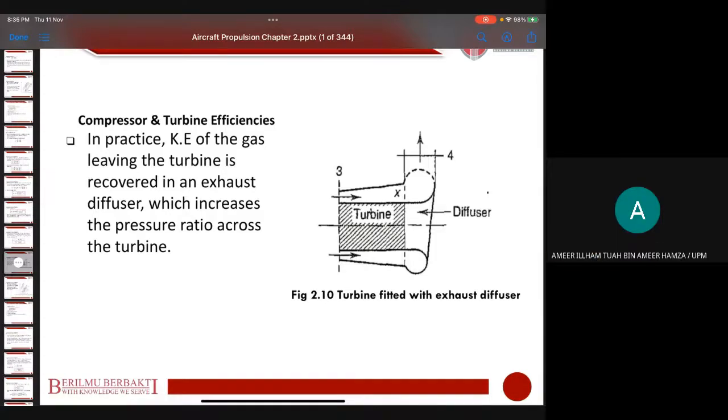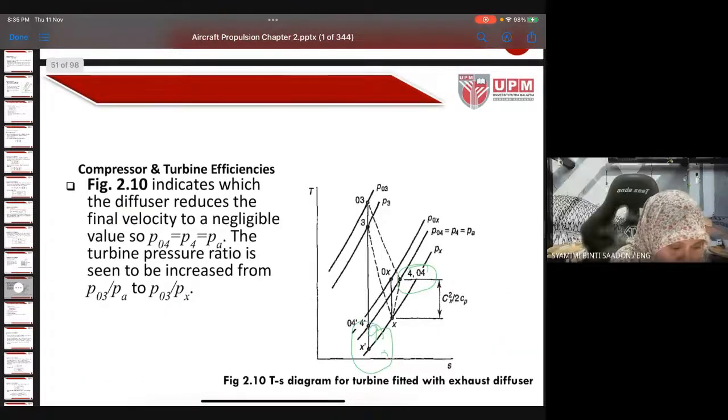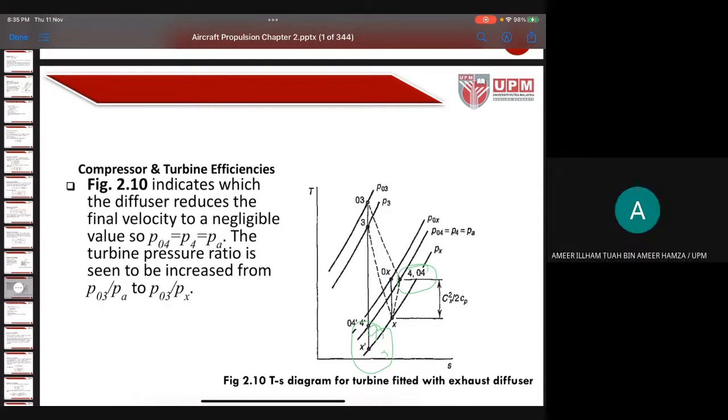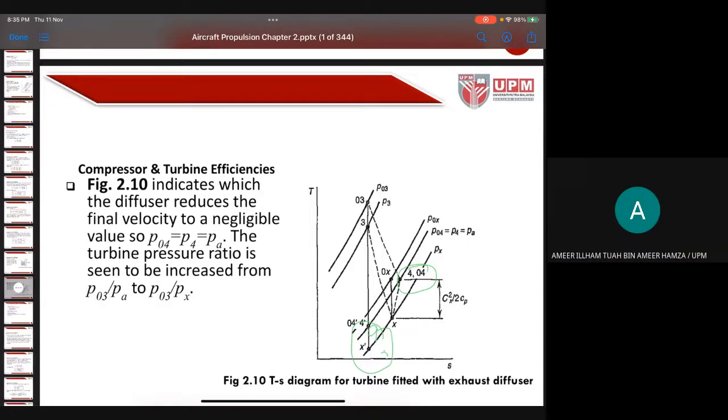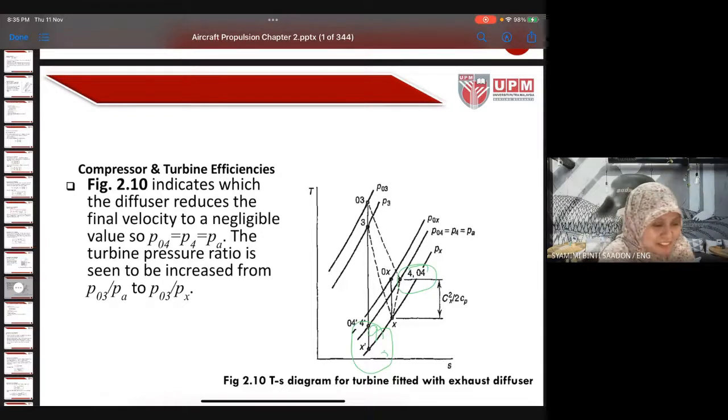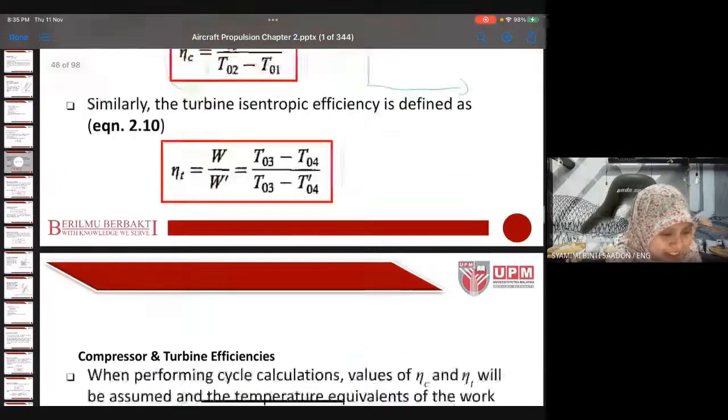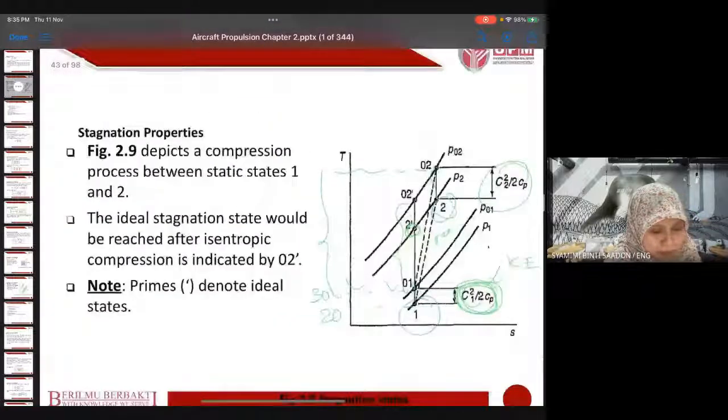When you mentioned the stagnation point just now at the diffuser, are you referring to this diffuser here, or at the beginning just now? At the beginning just now. The diffuser before the compressor, at the inlet. Yes, at the beginning when I explained about the stagnation properties.